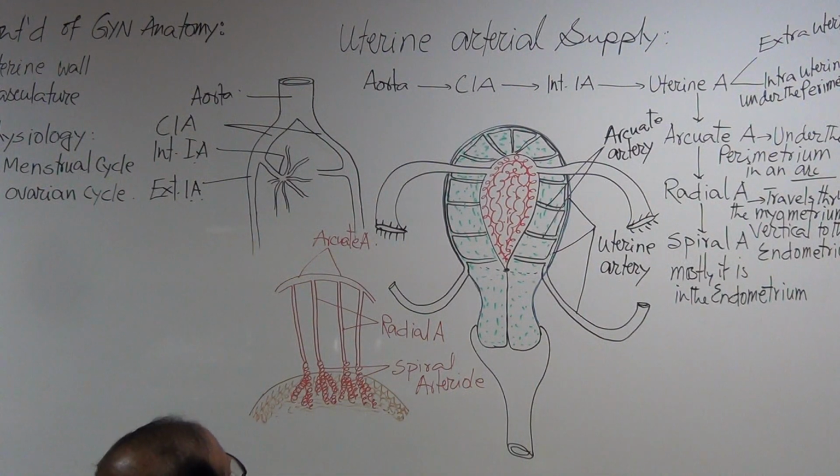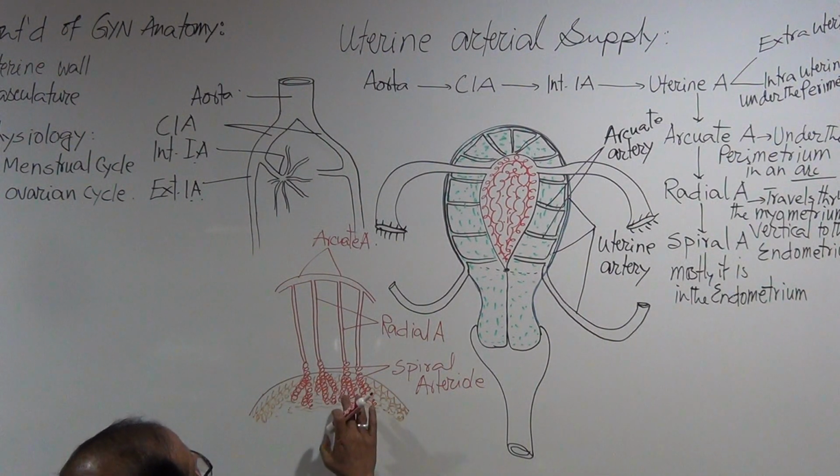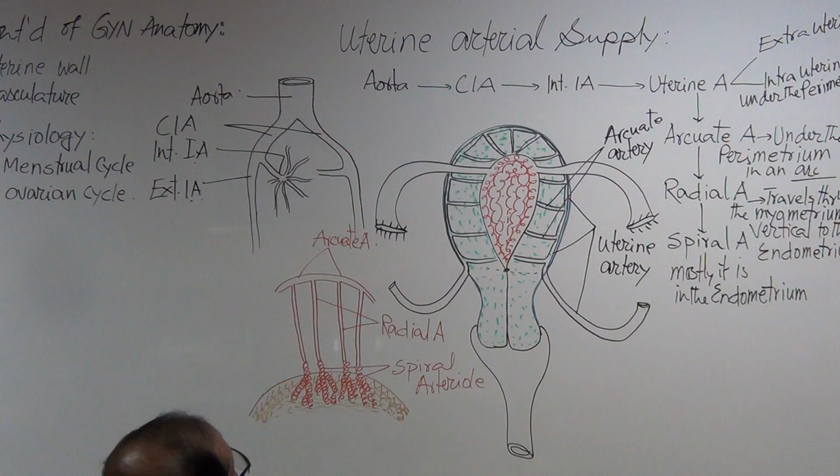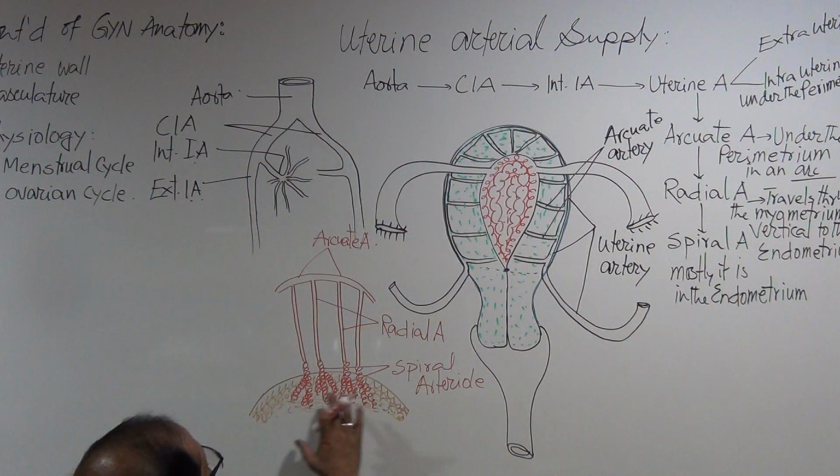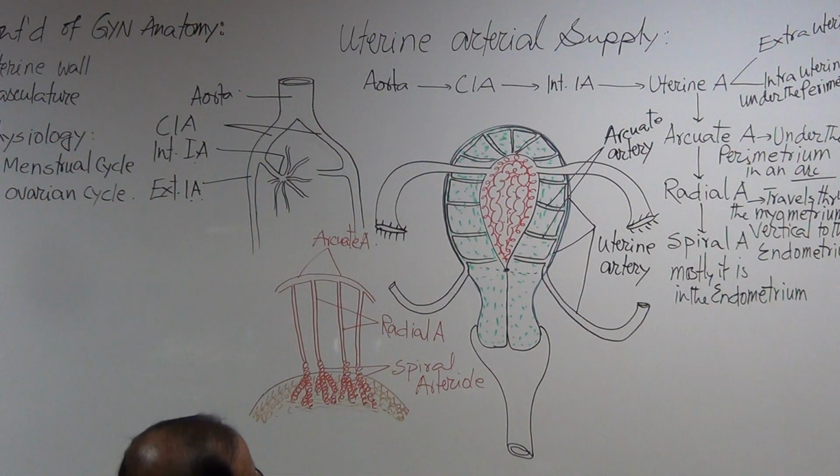This spiral arteriole and the secretory glands, and the tunica functionalis all are shed during the period, and that's why there is bleeding.